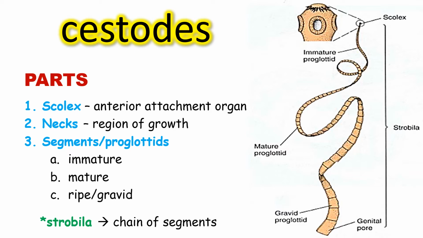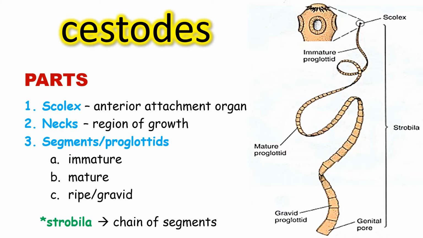After the neck, we have the different types of segments or proglottids. First, it will start from an immature proglottid, then it will later mature, and lastly, at the tip, or down to the posterior part of the cestode, we have your ripe or gravid proglottids. What is the difference between these three types of segments?